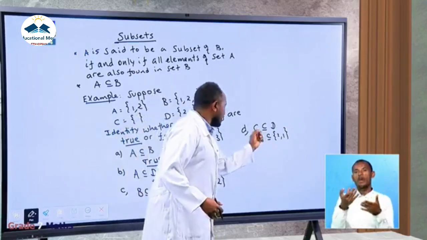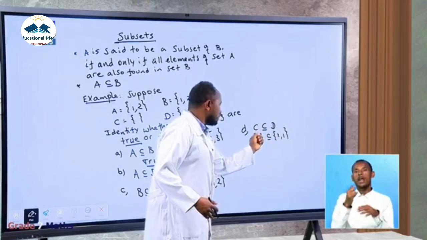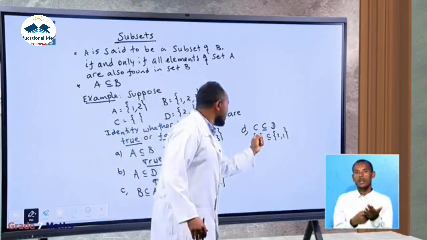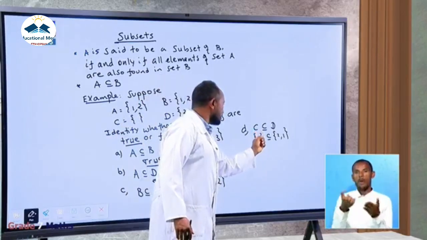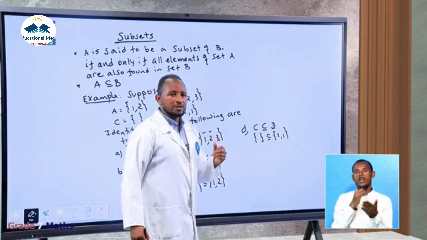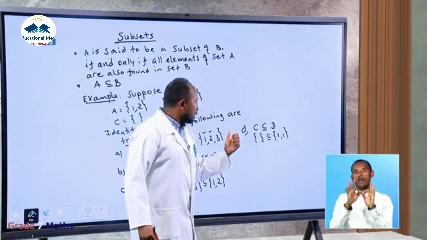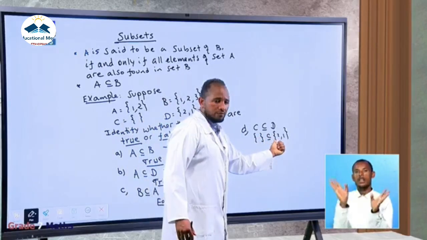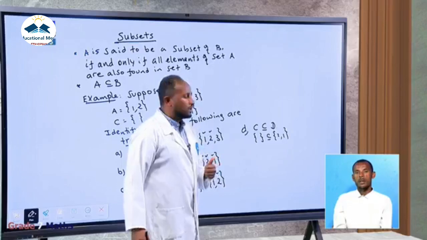Is there an element which is found in this set but not there? There is no element which is found here but not in the second set. So this does not violate the definition. Because of this, the empty set is a subset of this set.